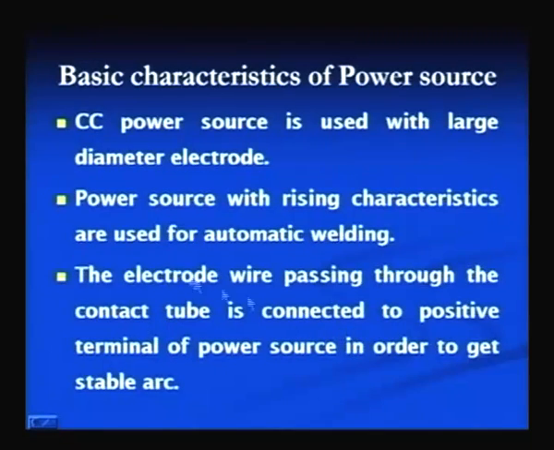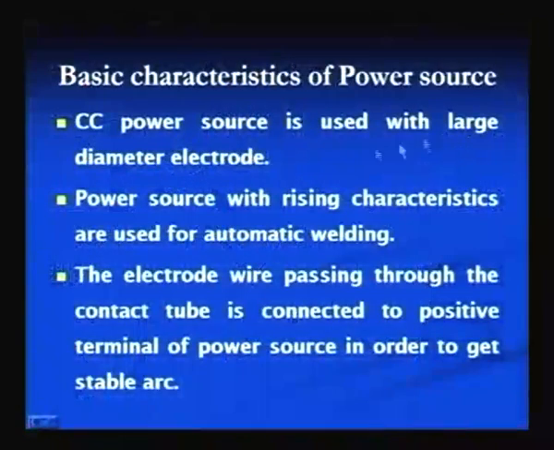So, the DCEP with the constant voltage power sources is obtained by connecting the positive terminal of the power source to the contact tube, which finally delivers the current to the electrode in order to get the self regulating arc.